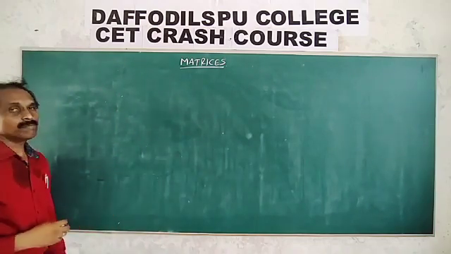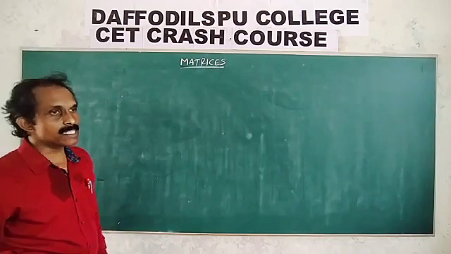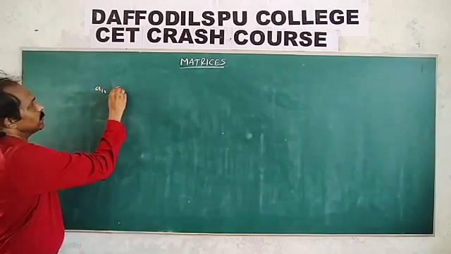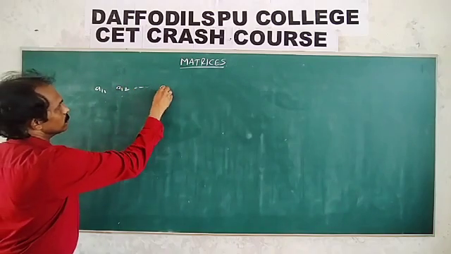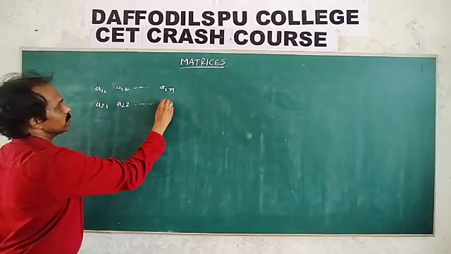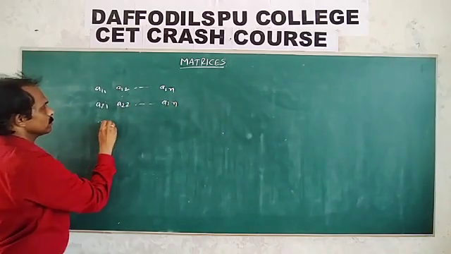What is a matrix? A matrix means elements arranged in a rectangular manner.